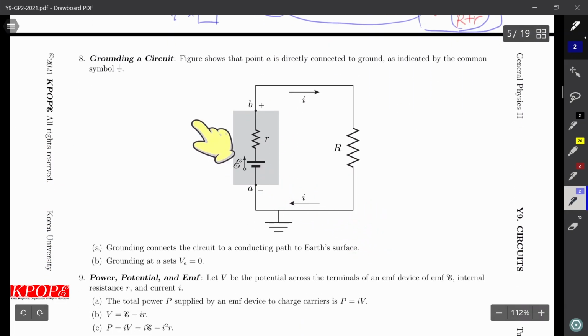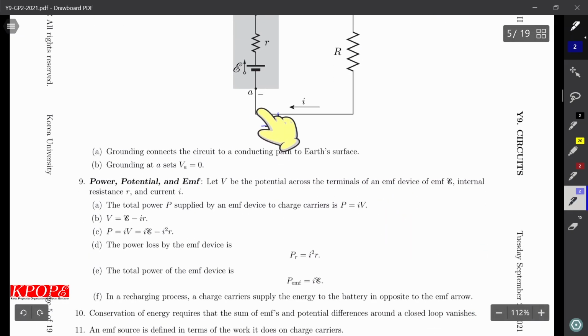Grounding a circuit. This figure shows a point A. Point A is the same as this wire. There's no potential difference at all, but we have a certain potential. But this single point can be connected to the ground of the earth.